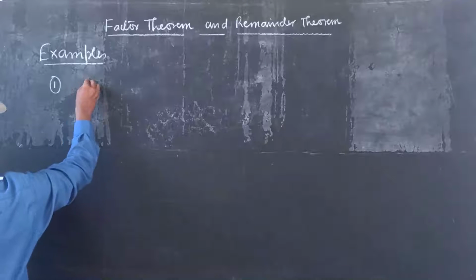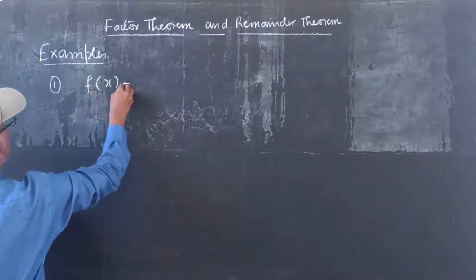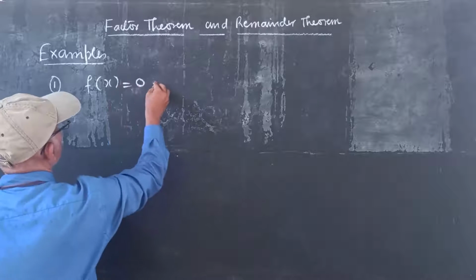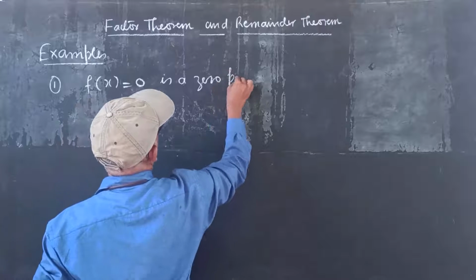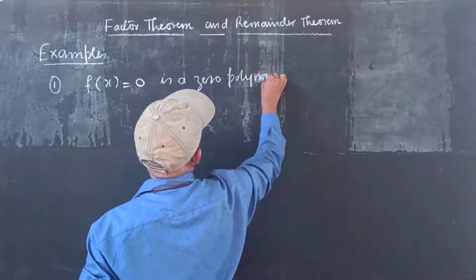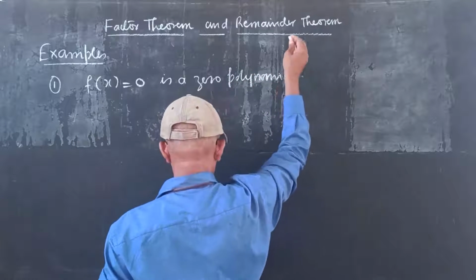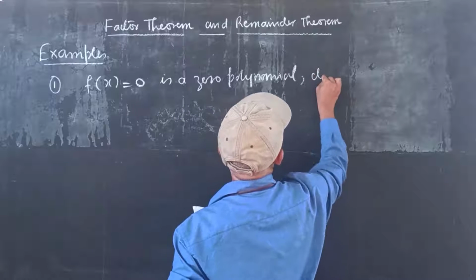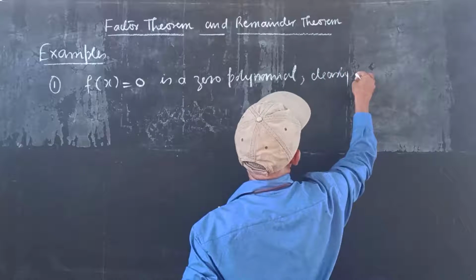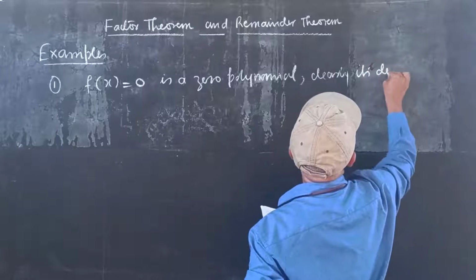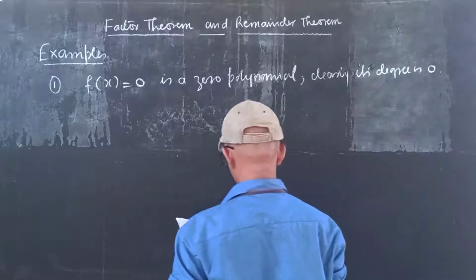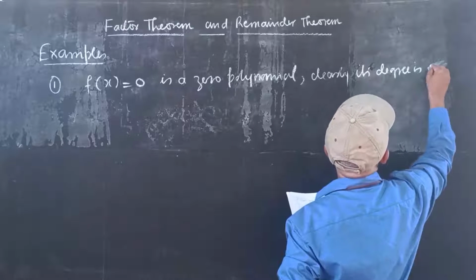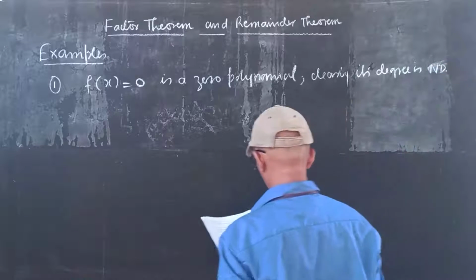First one, f(x) is equal to 0. This is a zero polynomial. Clearly, its degree is 0. Sorry, its degree is not defined.